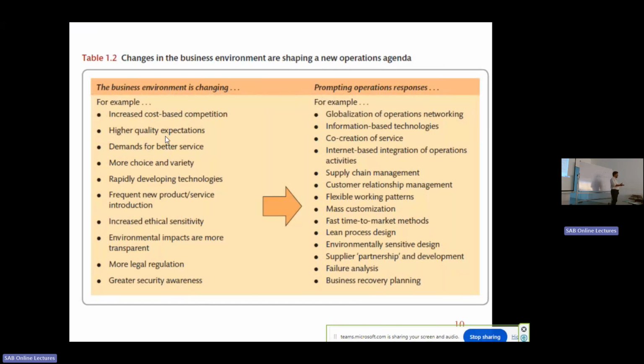So factories are producing green products, in the sense of natural or organic products, with minimum energy wastage and many other things. Hope you can understand. So the challenges of operations managers have become extremely different now.